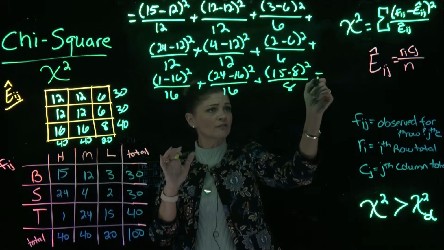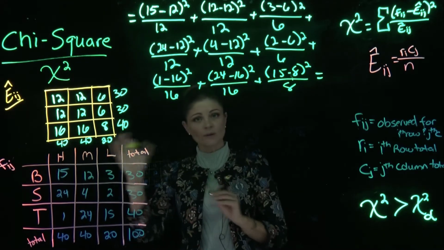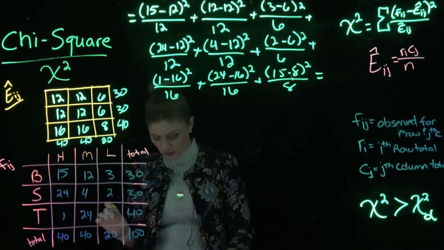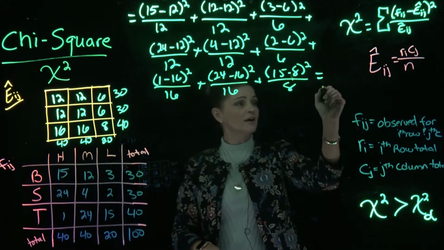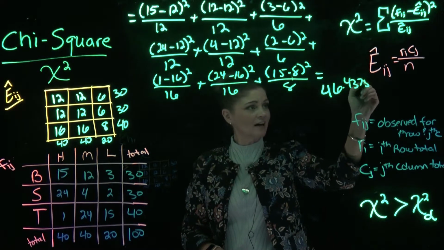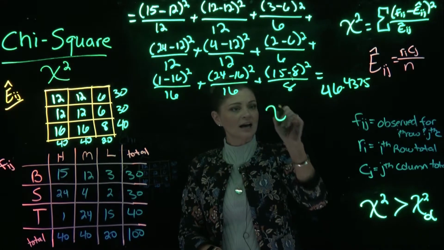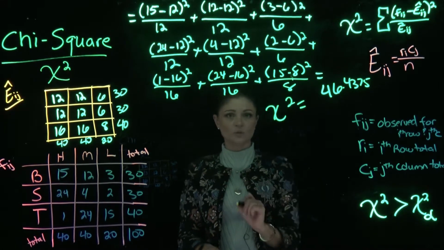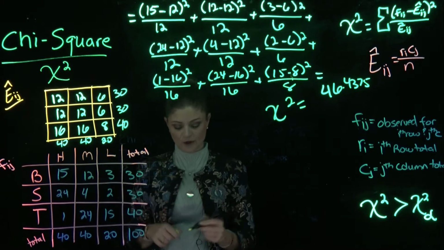We calculate all of those, we do our squares, we do our minuses, we do our division, and we should come out with 46.4375. So this is our chi-square for this particular scenario.